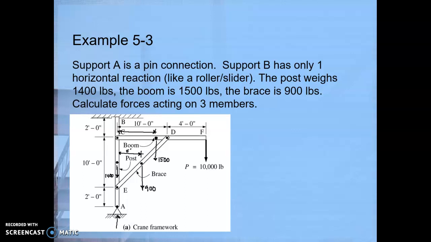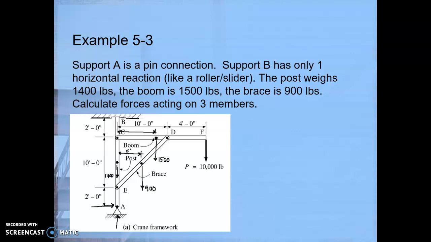There's going to be a vertical reaction force at support A and a horizontal reaction force there at A as well. And actually, I think that's going to go the other way. I think the sense is going to be the other direction. There we go. And I'll explain in a moment why that is.